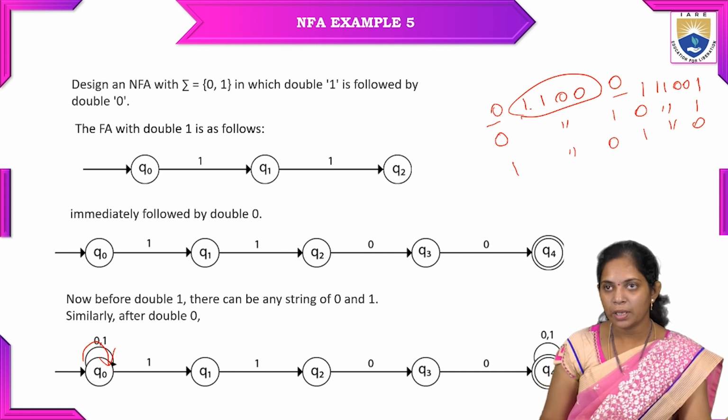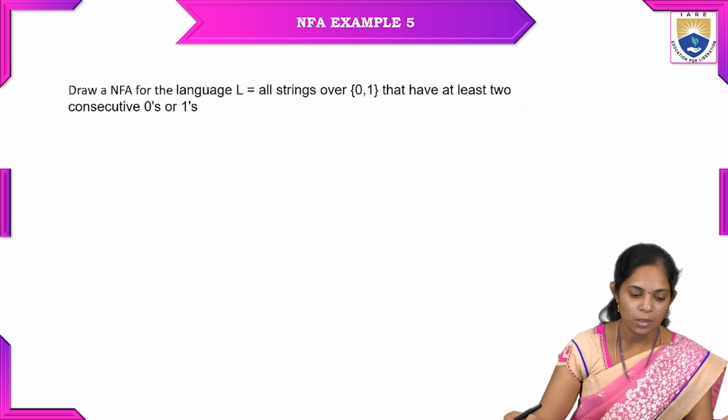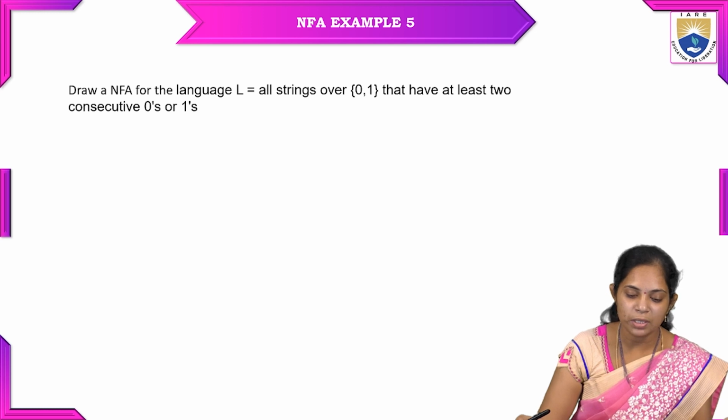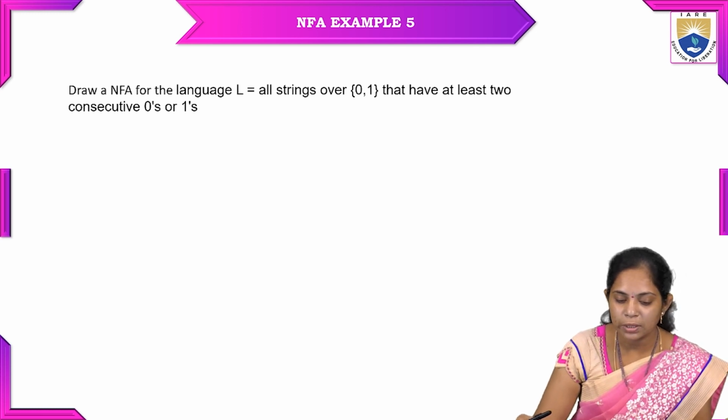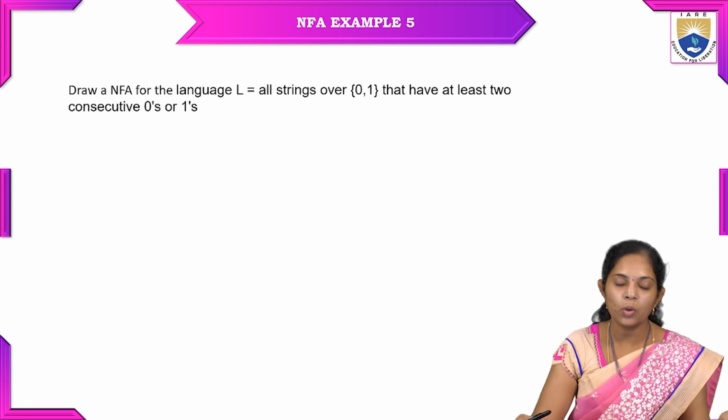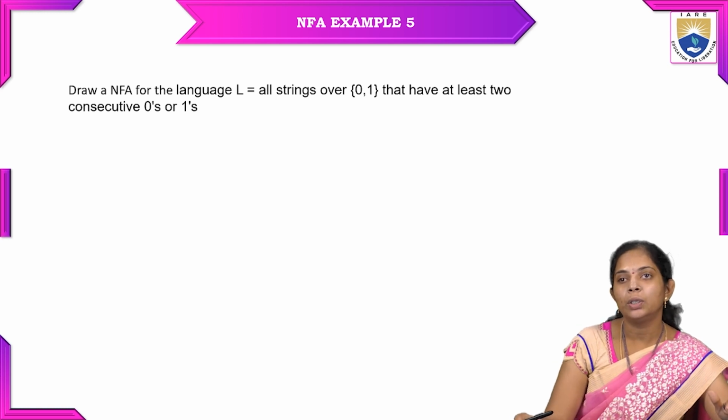And next, coming to the next example. Draw an NFA for the language of all the strings over 0, 1 that have at least 2 consecutive zeros or ones.